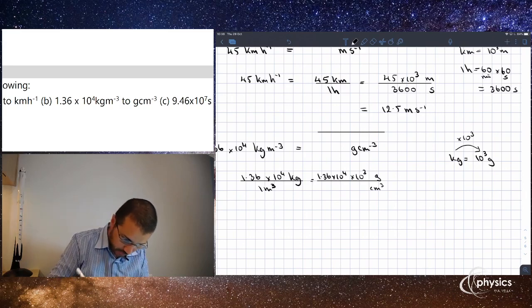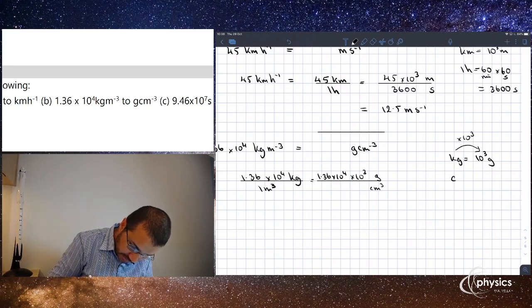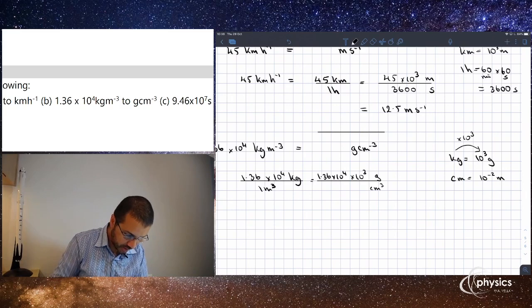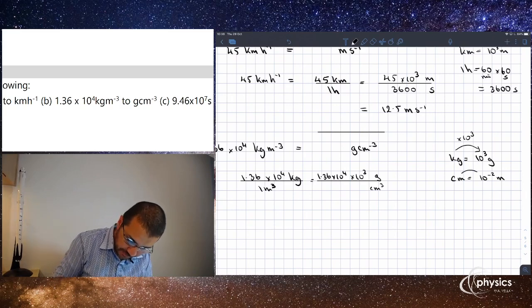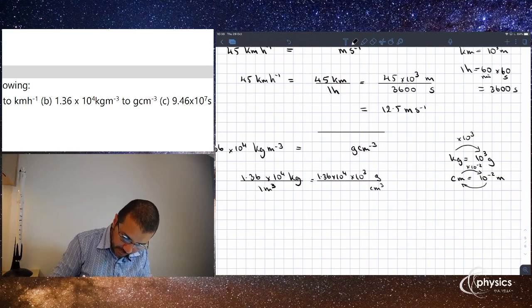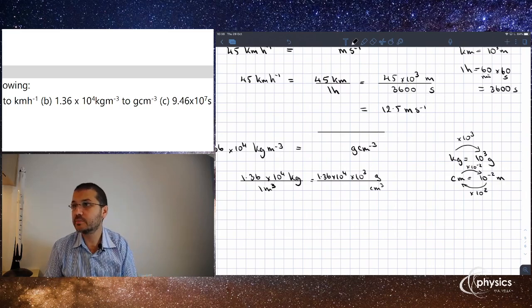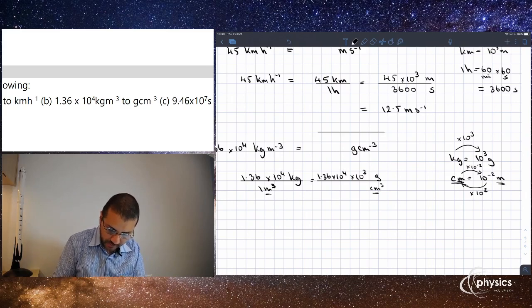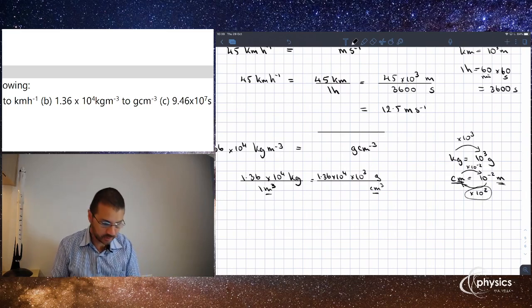Centimeter means 10 to the minus 2 meters. To move from centimeters to meters, we have to multiply by 10 to the minus 2. To move from meters to centimeters, we have to multiply by 10 to the 2. In this case, we're moving from meters to centimeters, so we have to multiply by 10 to the 2.